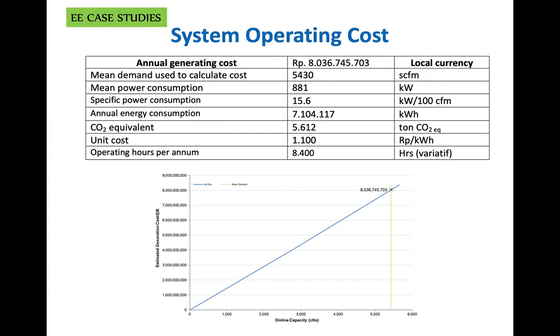We have calculated that the annual energy consumption is about 7,100,000 something kilowatt hours. This electrical consumption is equivalent to about 5,622.12 tons of CO2 equivalent per year.